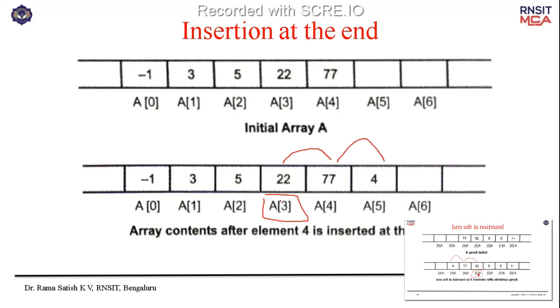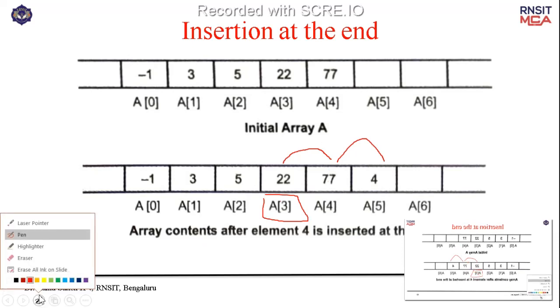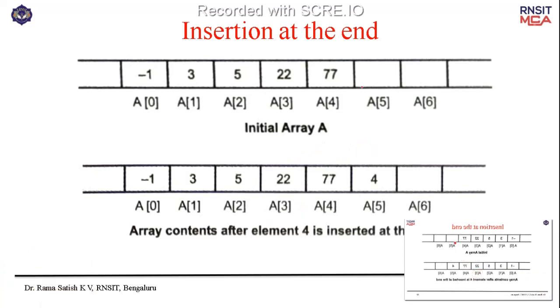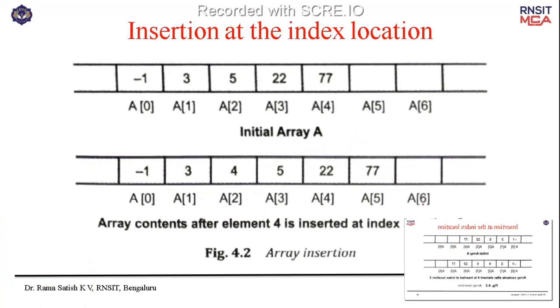So insertion at the end is very simple. You just go till the last, and you can certainly insert the new element. And whenever you think of inserting a new element at a particular index location, say index location 2, look there, index location 2, I want to insert an element.